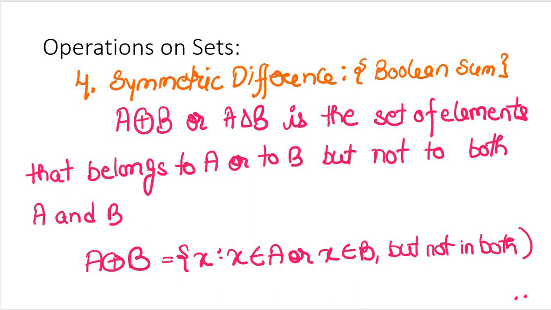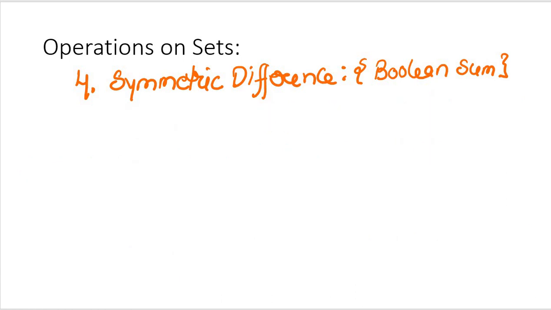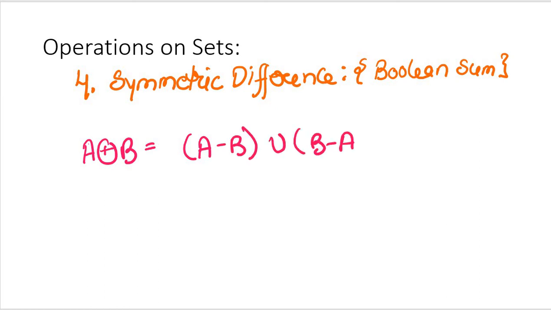Right. So you can also write this in this format, that A symmetric difference B is equal to (A minus B) union (B minus A). A very simple thing, right? What we are trying to do is get the different elements or the unique elements.